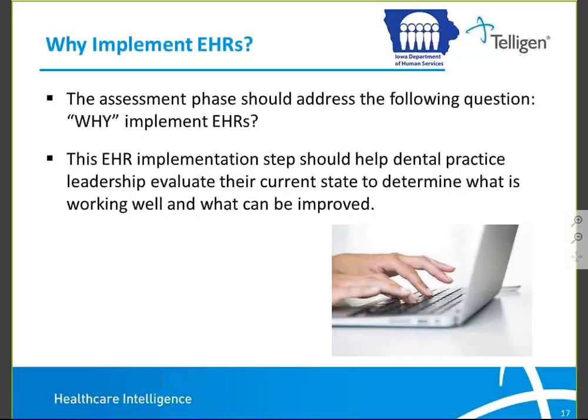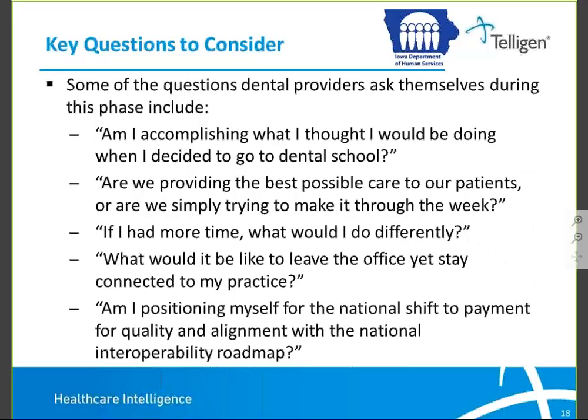In terms of why to implement an EHR, the assessment phase should address the question: why? This step should help dental practice leadership evaluate their current state to determine what is working well and what can be improved. Some of the questions dental providers ask themselves during this phase include: Am I accomplishing what I thought I would be doing when I decided to go to dental school?